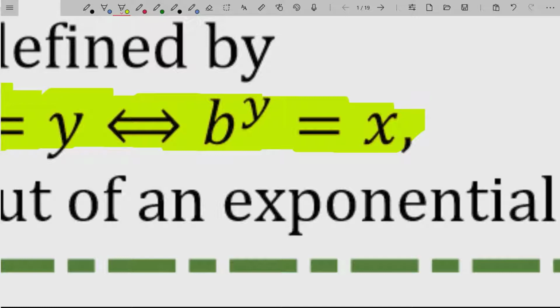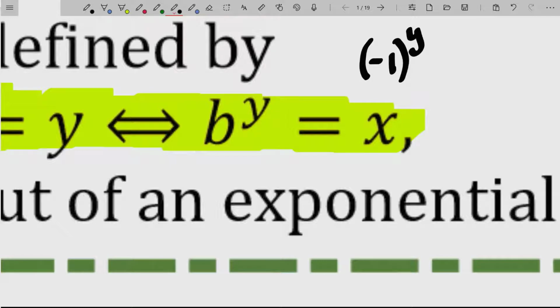The reason why the base must be positive is by definition of an exponential function. The function b to the y is an exponential function as long as its base is positive. If you have negative bases, let's say you let the base be -1, since y can be any number, it could be a half.